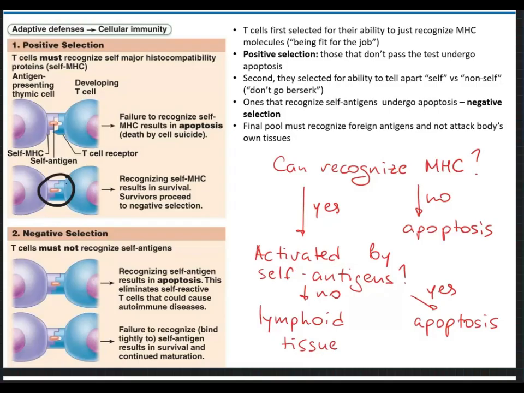I hope so. So the first step is positive selection, and that step is negative selection.